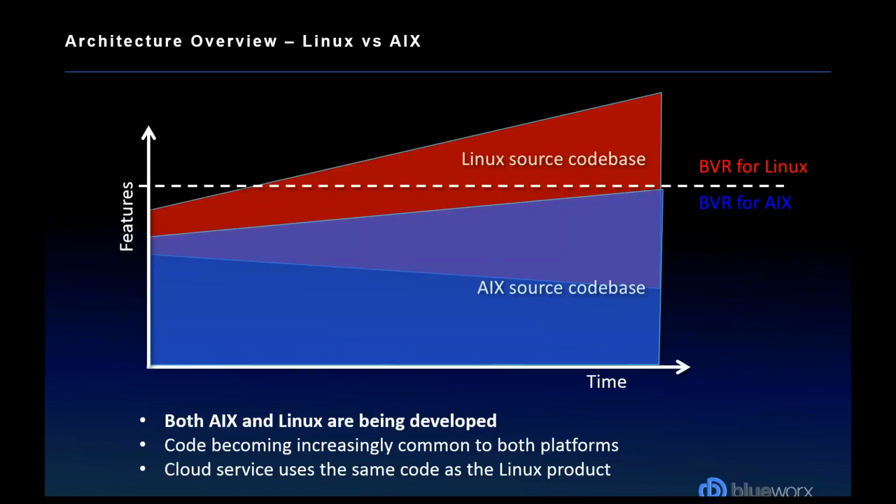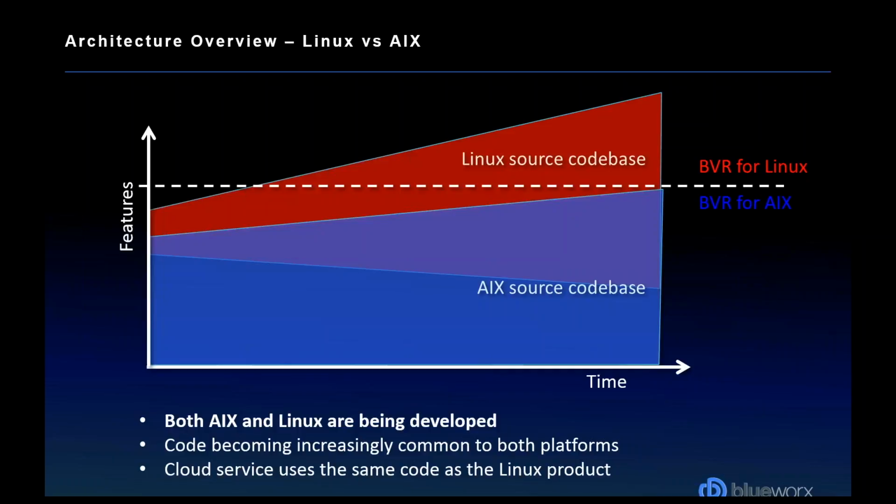Just reiterating, Dean had this exact same slide. We've been working on the Linux code base for the last six months, adding features to it and extending support for things, but at the same time we're working on the AIX code base, and what we're trying to do is merge them closer together.